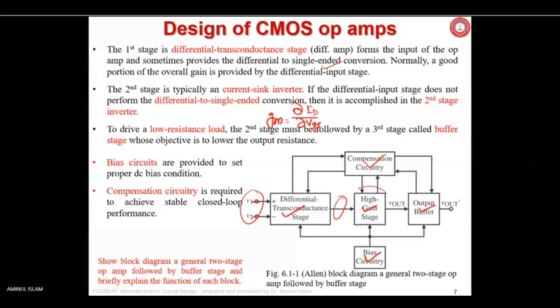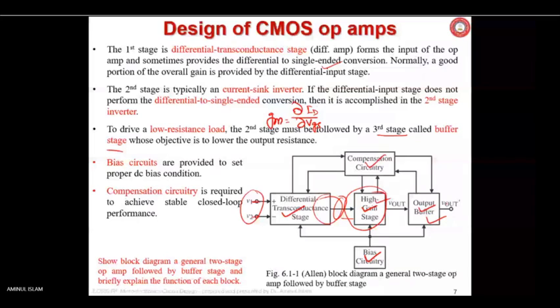So sometimes you are taking two inputs and the first stage does not give the conversion from two inputs to one output. Then this stage can perform it, and it gives a lot of gain also. To drive a low resistance load, the second stage must be followed by a third stage called the buffer stage.